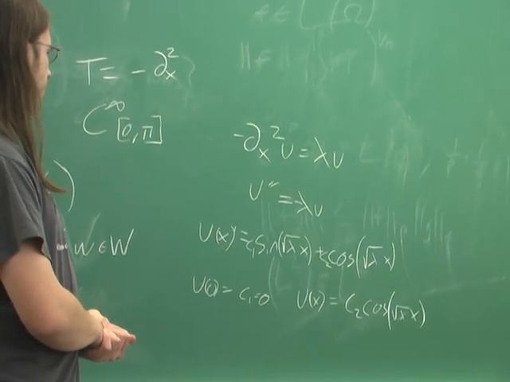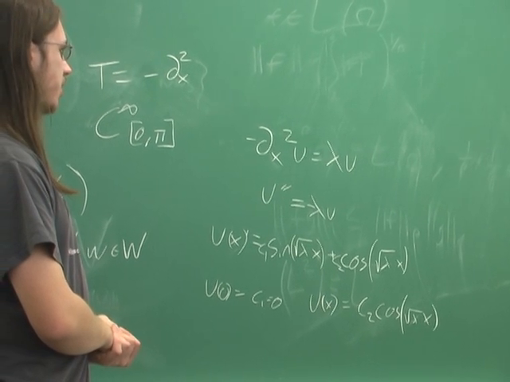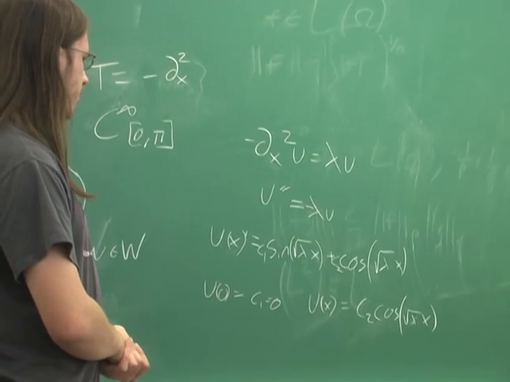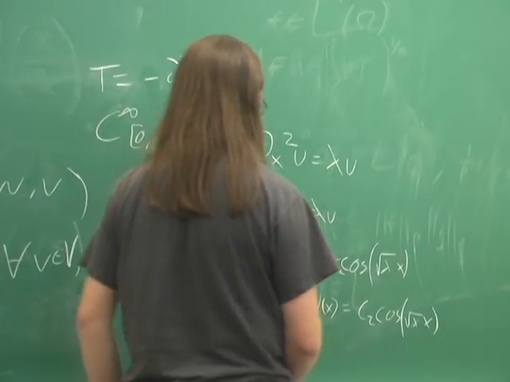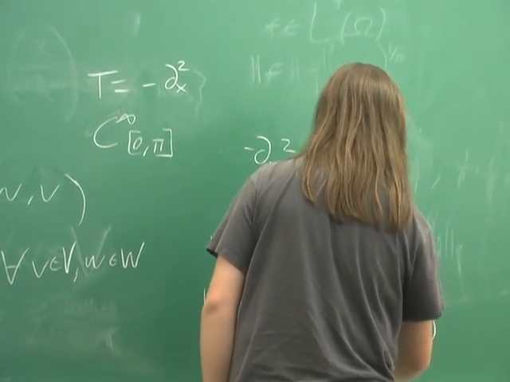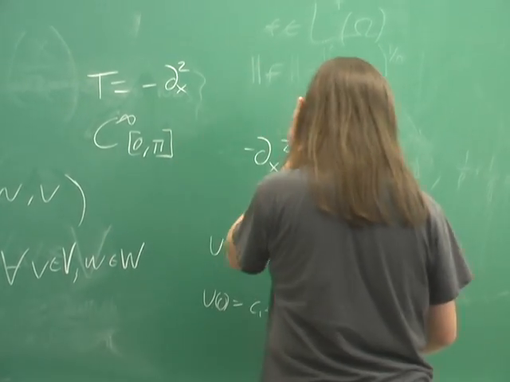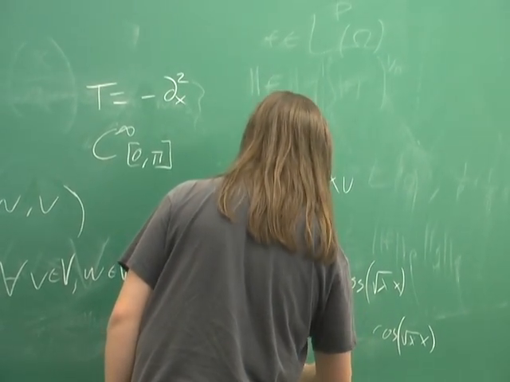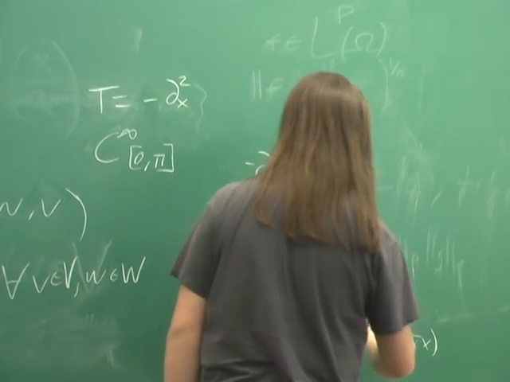Why do you say C1 is 0? Sine, when x is 0, sine is 0. So cosine is 1, and C2 is 0.